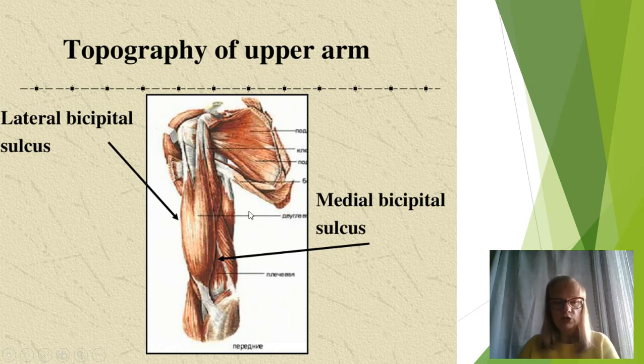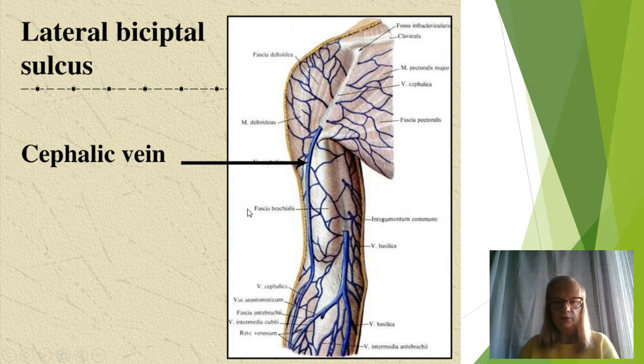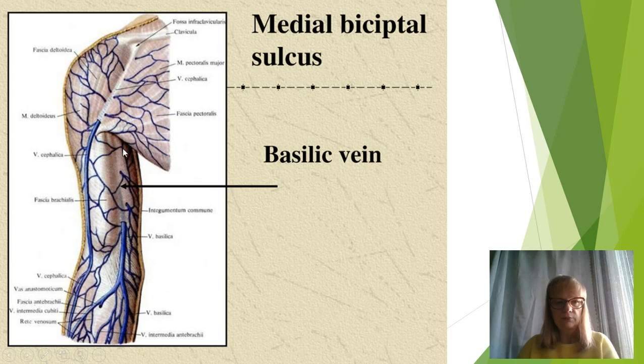More superficially in each groove, below the skin and subcutaneous tissue, we have two veins. In the lateral bicipital groove is located the cephalic vein, from the group of superficial veins of our arm, in the lateral position, and in the medial position we have the basilic vein.